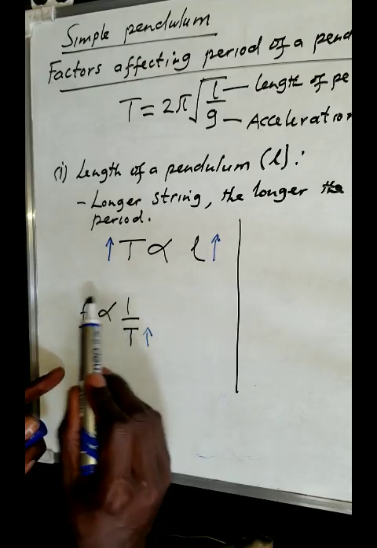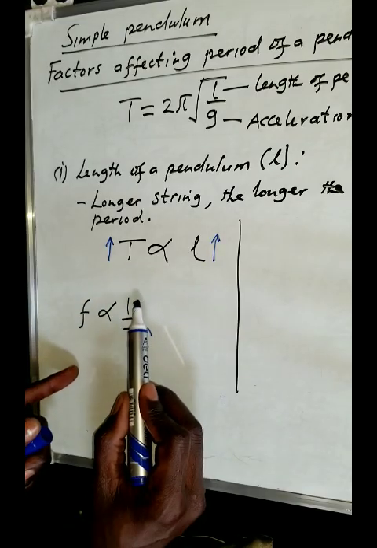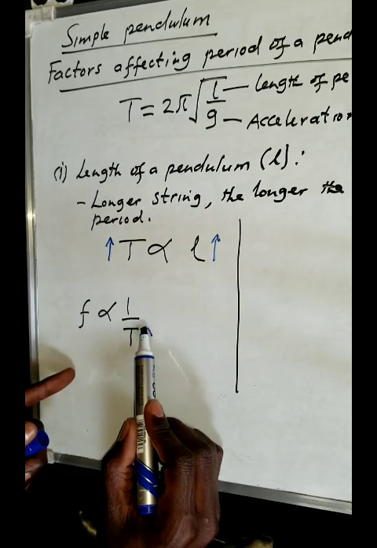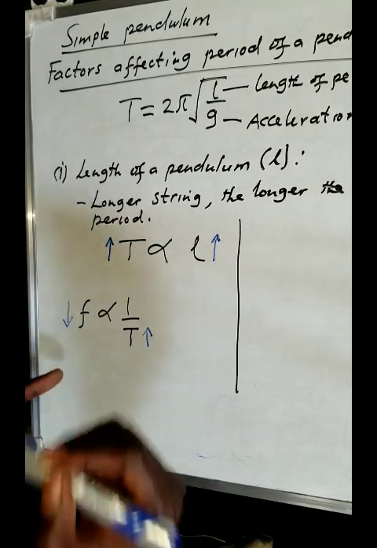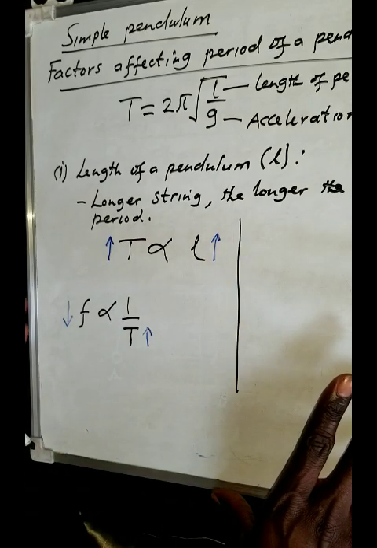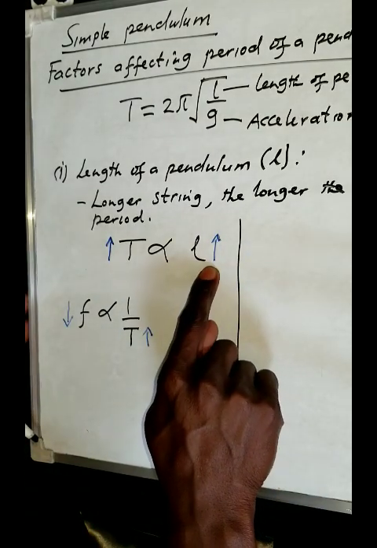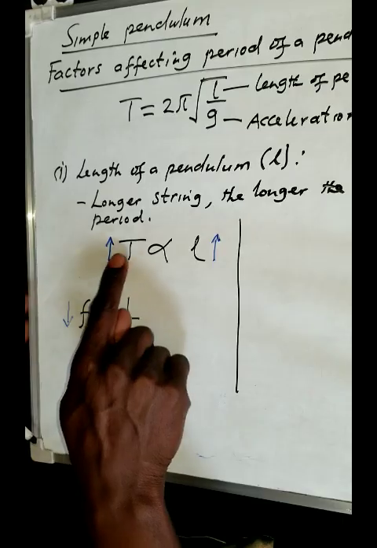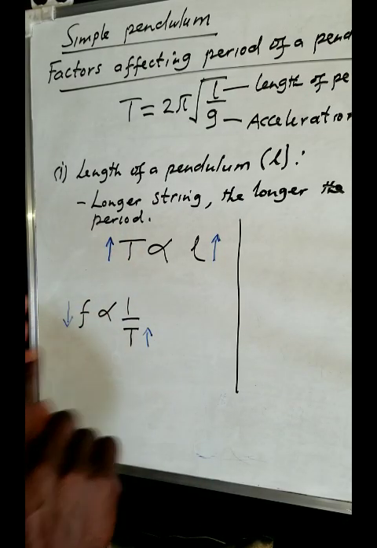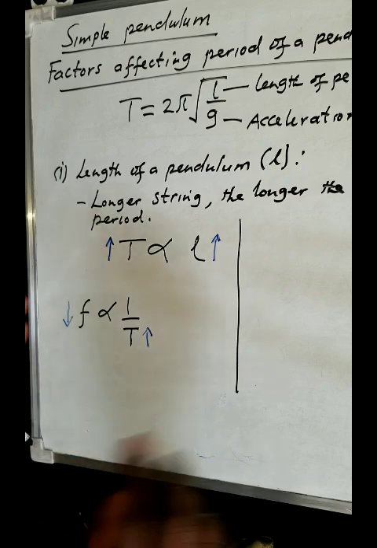Inversely proportional means that if one quantity increases, the other quantity decreases in the same ratio. So if the period increases, the frequency is going to decrease. That's the relationship that you see. So remember, increasing the length increases the period, and if the period increases, the frequency will reduce.